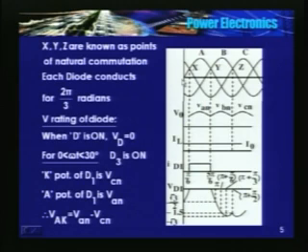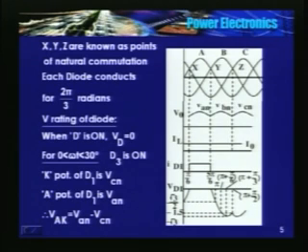This is 0, this intersection is 30 degrees, this is 60, this is 90, this is 120, this is 150, this is 180. Remember, there is an intersection at every 30 degrees.